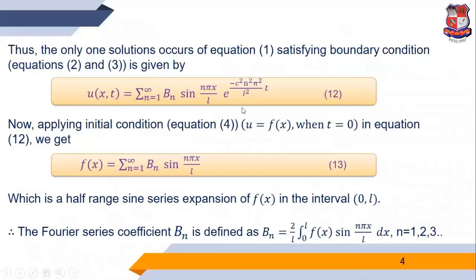We get the solution of the given problem: u(x,t) is equal to summation n is 1 to infinity b_n sine(n pi x by l) e raised to minus c square n square pi square by l square into t, where b_n is the Fourier series coefficient, which is defined as 2 by l integration 0 to l f(x) into sine(n pi x by l) dx.